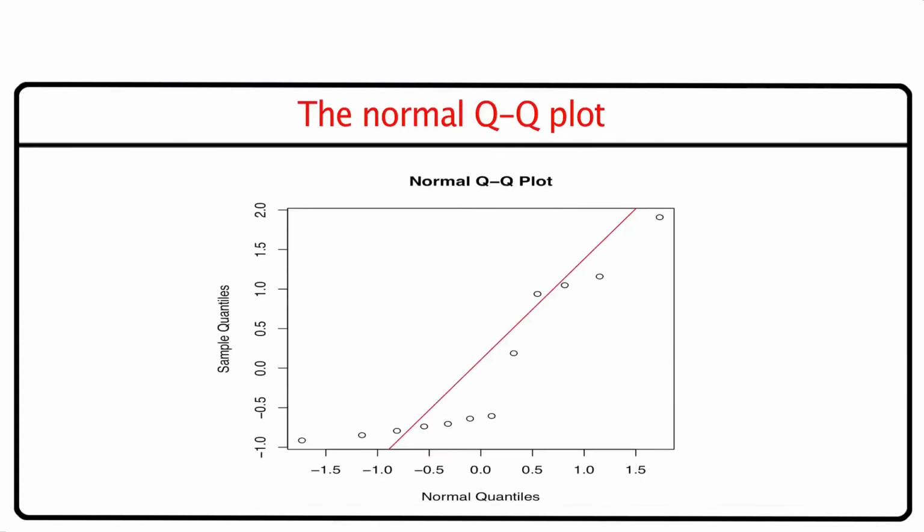If you see the QQ plot, we find that the observations are scattered. Ideally, points should lie on the red line, but there are many points above and below the red line. So it is confirmed that the underlying distribution is not normal.